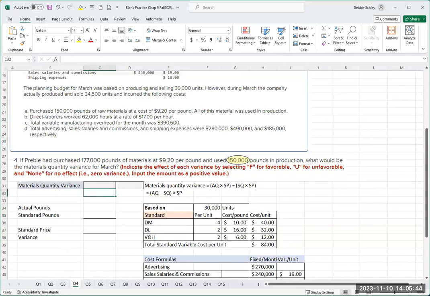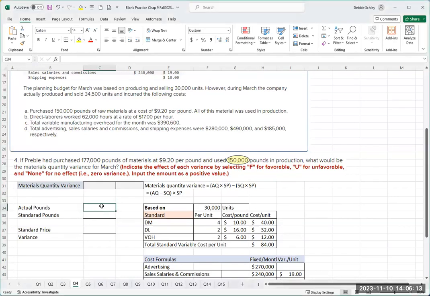Materials quantity variance. Now in question 4, they're giving us some extra information. But honestly, that's nice that we purchased that, but we're using quantity variance. So we're going to still look at the number of pounds used in production.